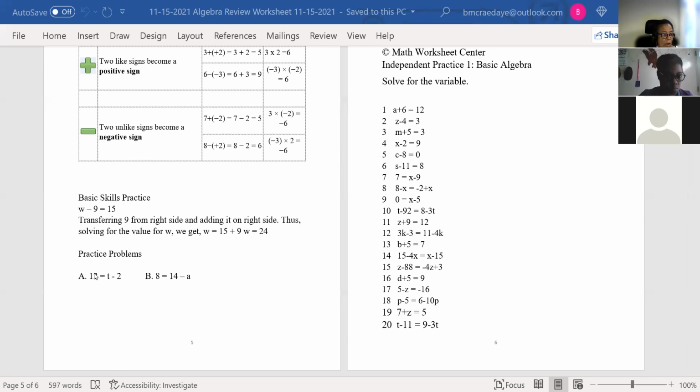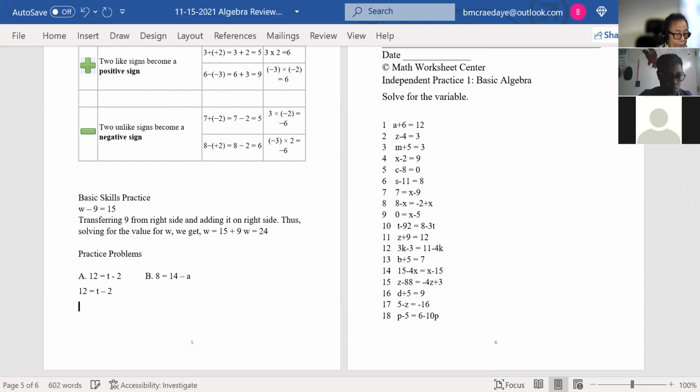Now, 12 equals t minus 2. What is t, Maureen? No, t can't be minus 2.